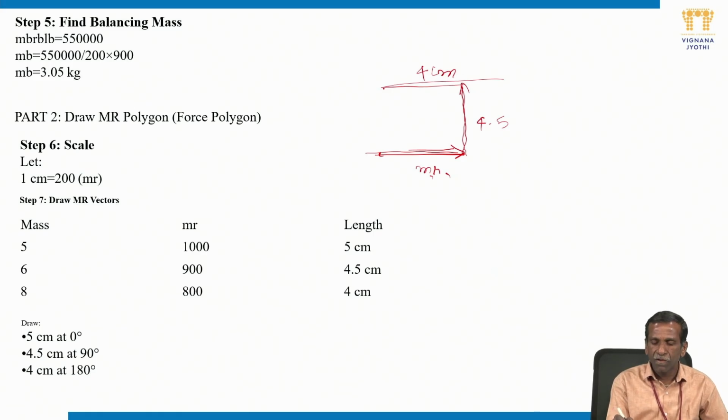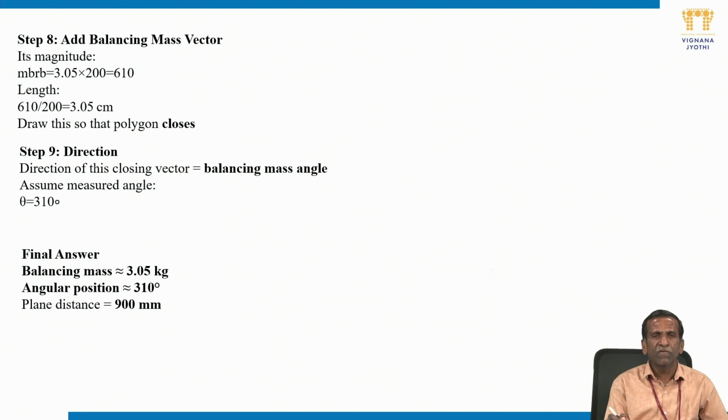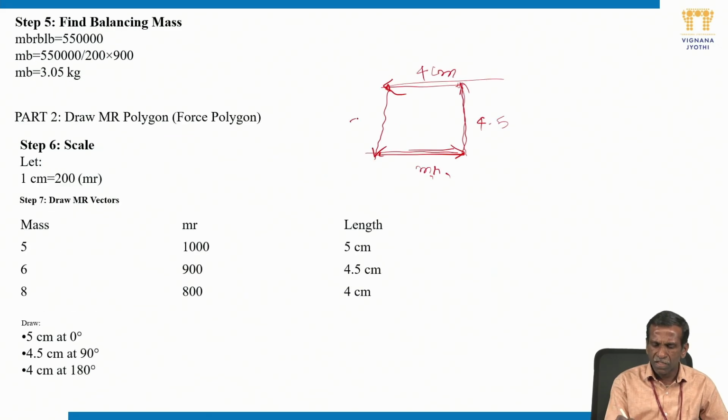Okay, then you know the tail end and head end of the third one. The fourth one is the closing side, obviously it is going to go whichever way it goes. Then you can see that the magnitude of the fourth one is 3.05. Apply the scale, 3.05 into 200.